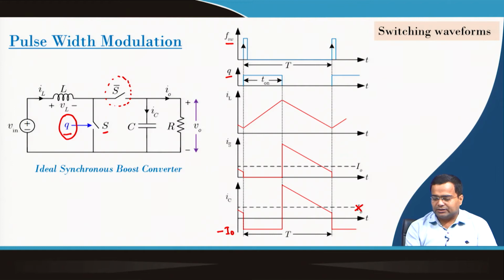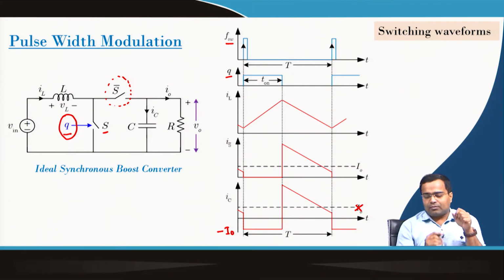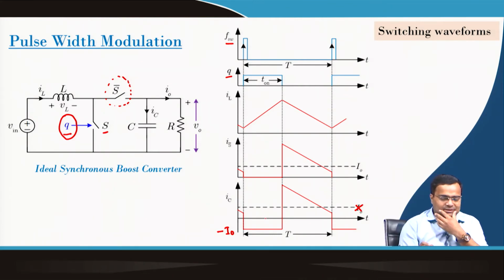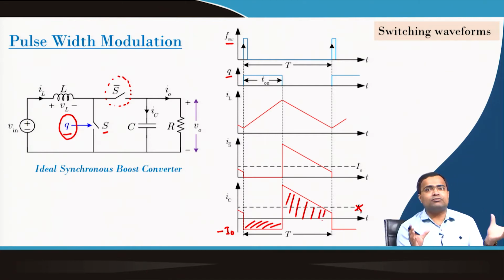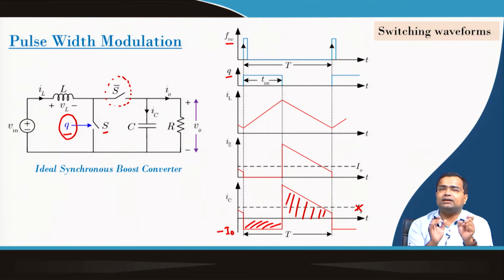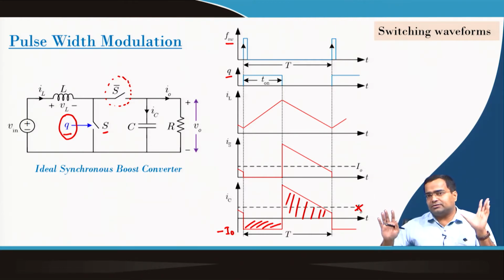I think there is a typo here. When the switch is on, the charge across the capacitor is negative, and when the switch is off, this charge is positive. So, in steady state we need to achieve this charge balance, so that the voltage gets fixed at a certain fixed value.